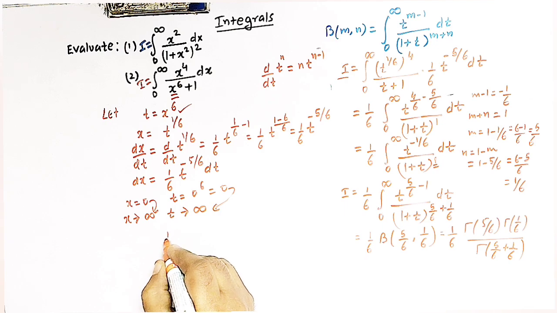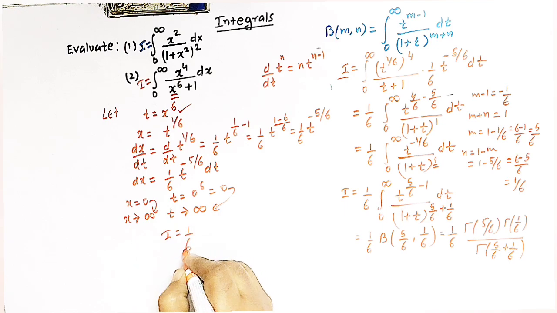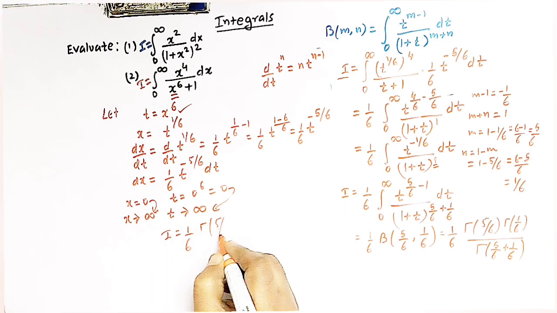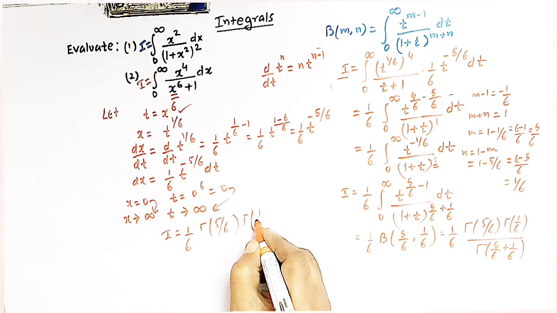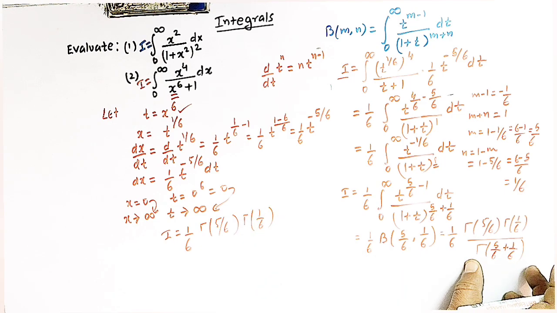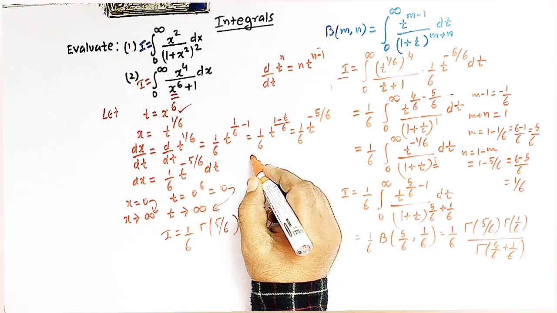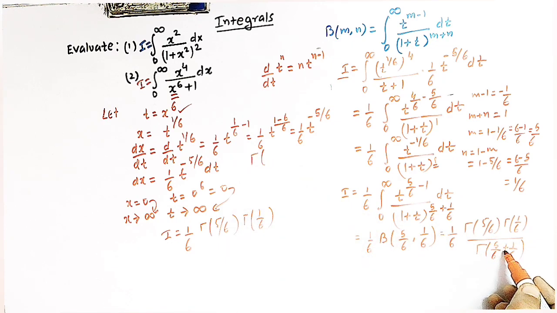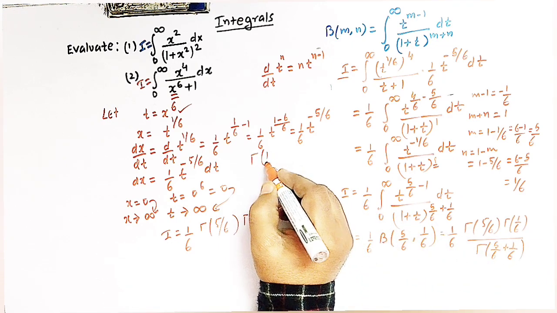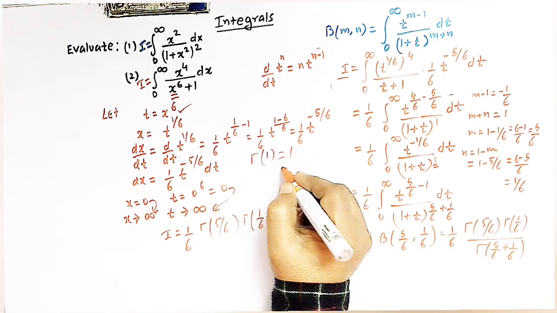So now I can be written as 1 over 6, gamma 5 over 6, gamma 1 over 6, and in the denominator we have gamma 5 over 6 plus 1 over 6, which is simply 1, gamma 1 is 1, right?